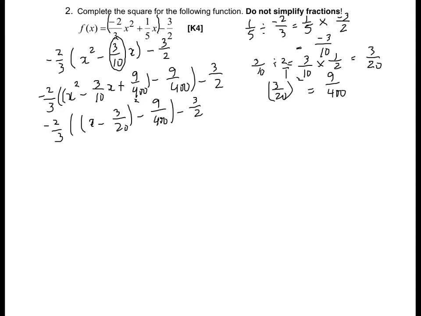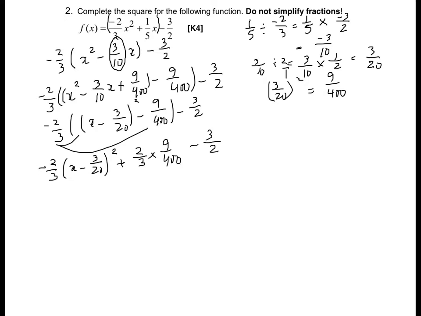Now I'm going to distribute negative 2 over 3 inside the bracket. I get negative 2 over 3 times x minus 3 over 20 squared. Negative times negative gives me positive, plus 2 over 3 times 9 over 400 minus 3 over 2.